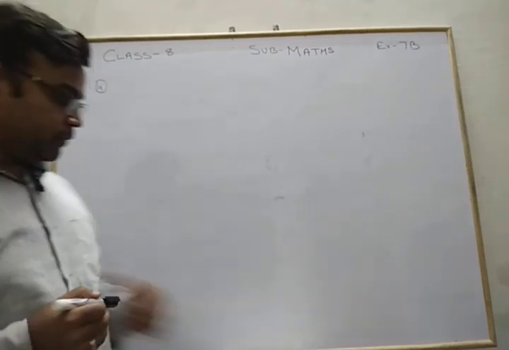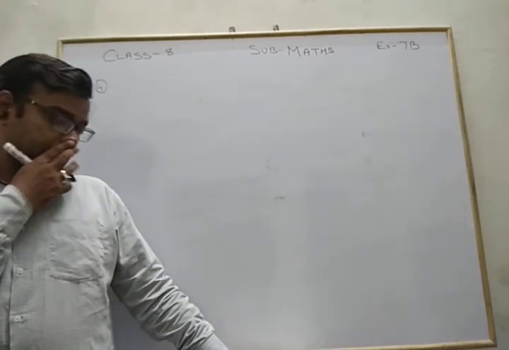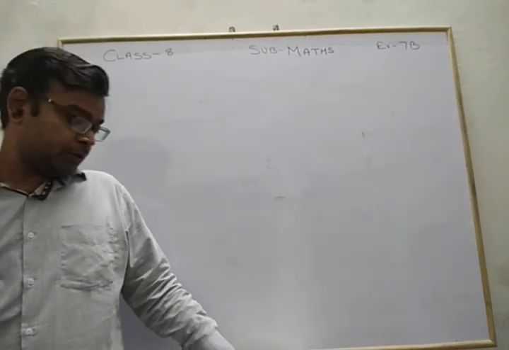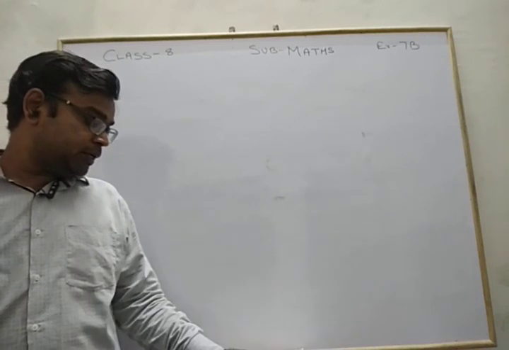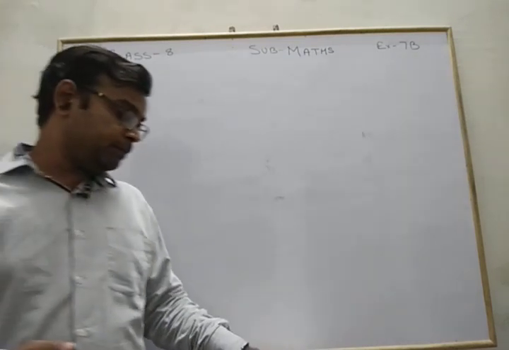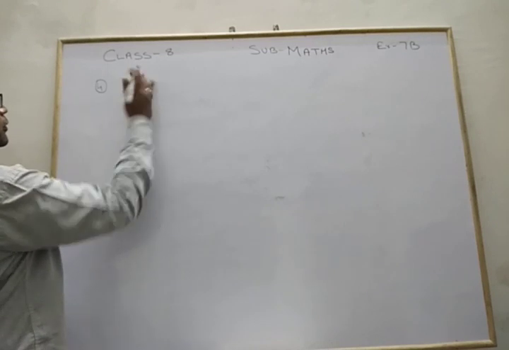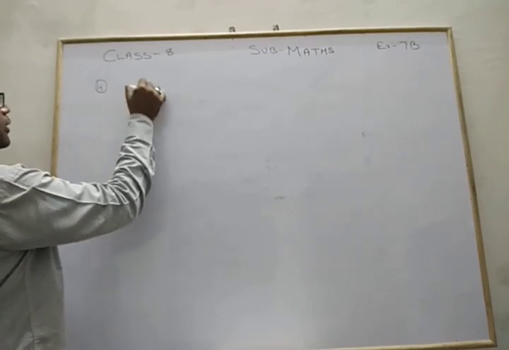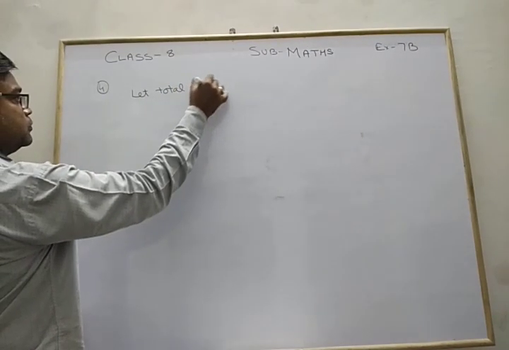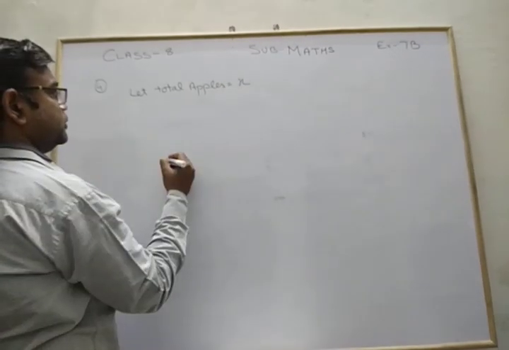Question number 4 says that a fruit seller had some apples. He sells 40% apples and still has 420 apples. How many apples did he originally have? He sells 40% apples. Suppose let apples equal x.